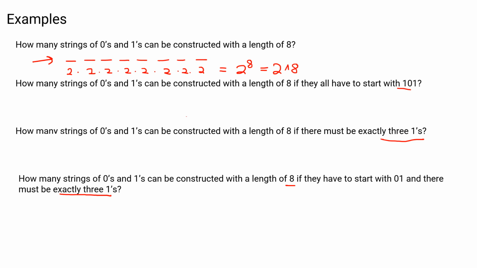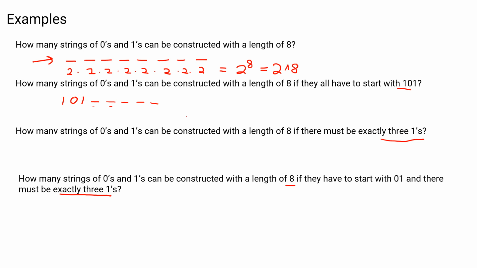How many strings of zeros and ones can be constructed with a length of 8 if they all have to start with 101? Well, we could see it again as this string of 8 characters, with a certain number of possibilities, and use the product rule.